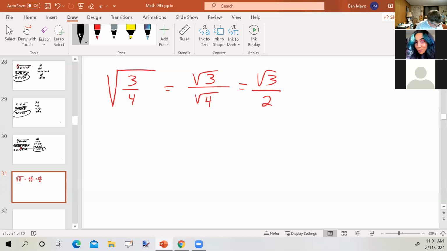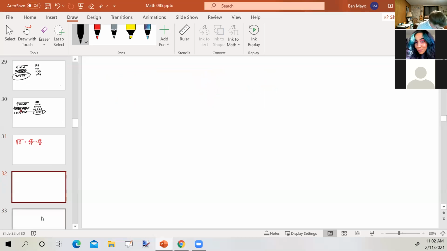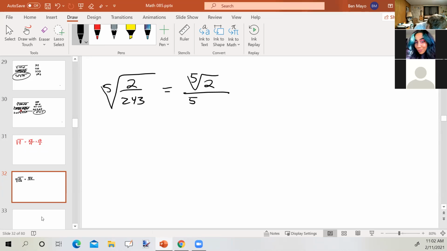Okay, let's take a look at this one, the 5th root of 2 over 243. So that's going to be the 5th root of 2 over the 5th root of 243.